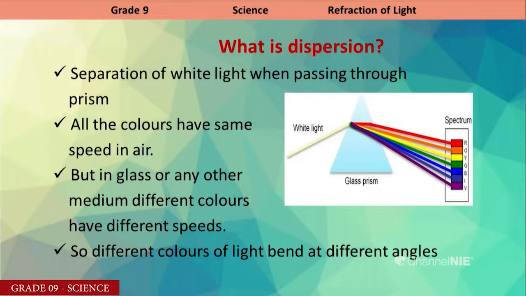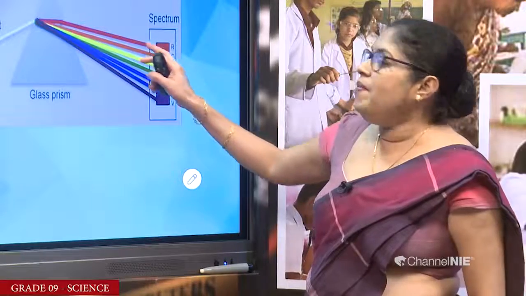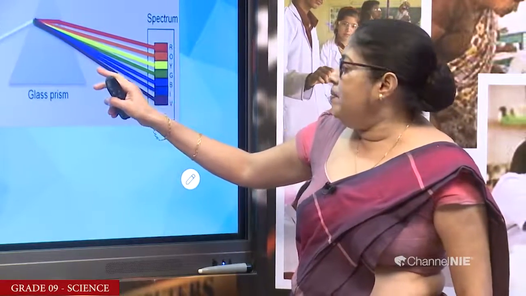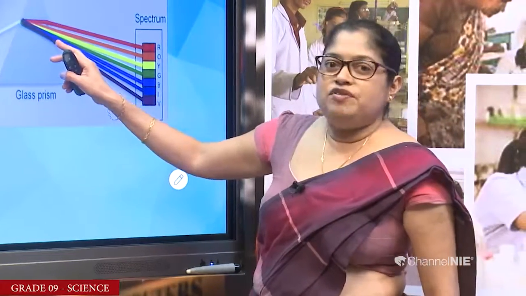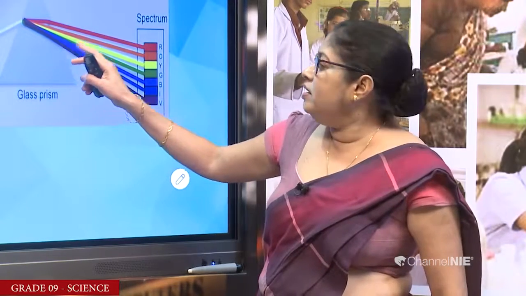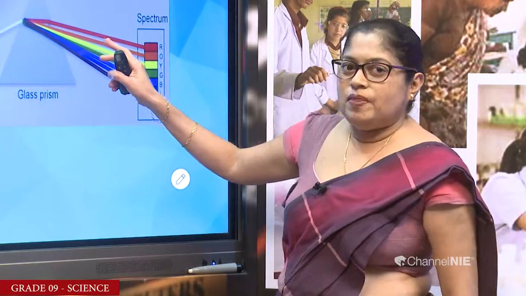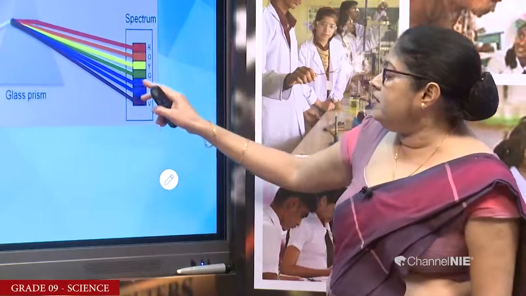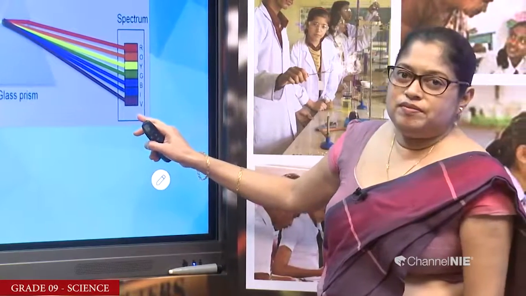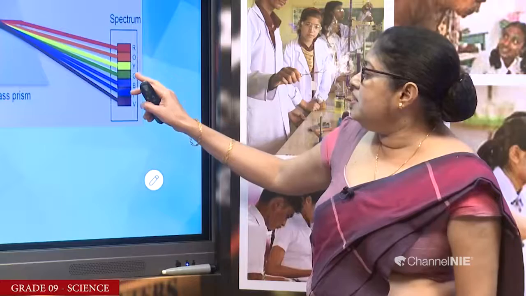Here in this picture you can see violet color bends more and red color bends less. That means violet is refracted more than red. This is the spectrum you obtain. It consists of 7 colors.